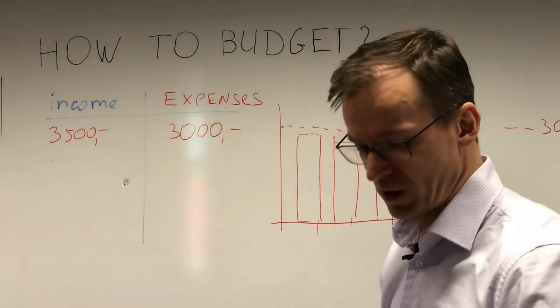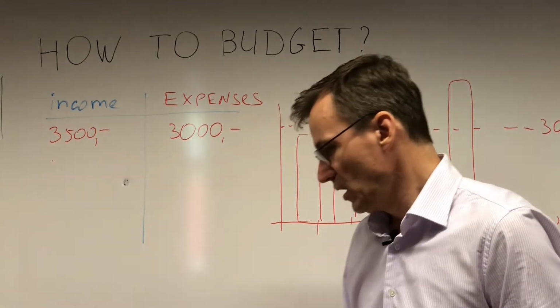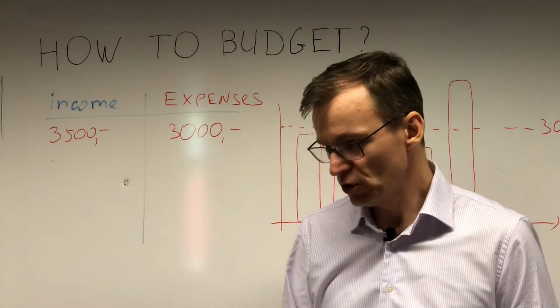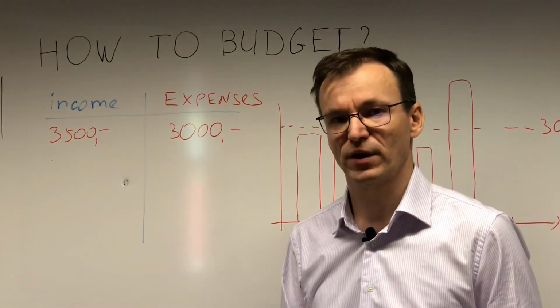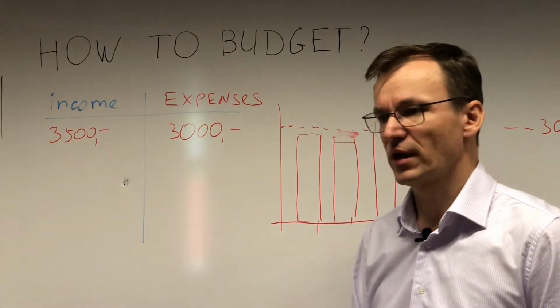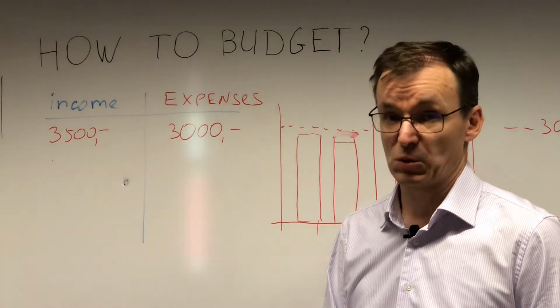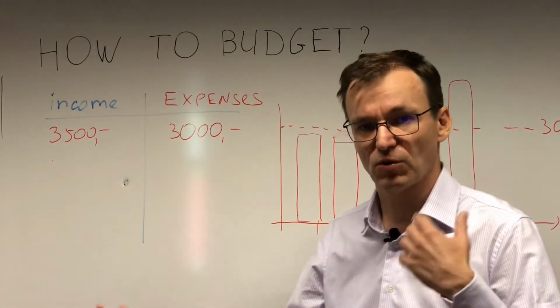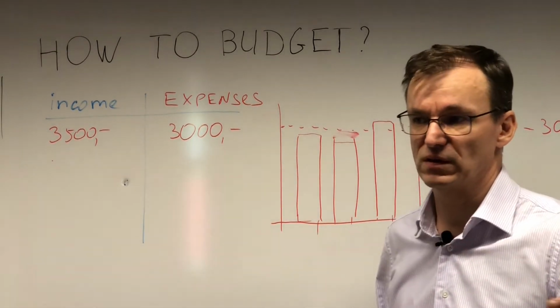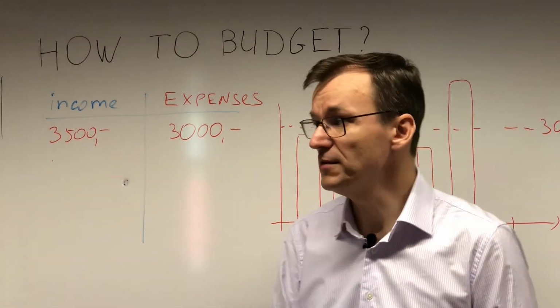And what you do is, let's take it step by step. It depends on your situation, how you spend money. If you use a bank account or credit card, then it can be quite easy. Then you collect all the transaction information from all your accounts, and you get a list of all your transactions from your bank, basically.